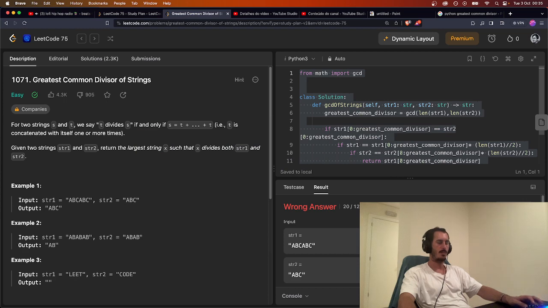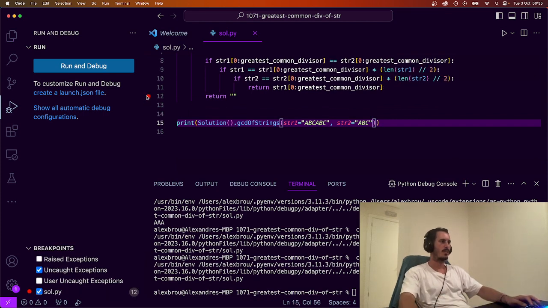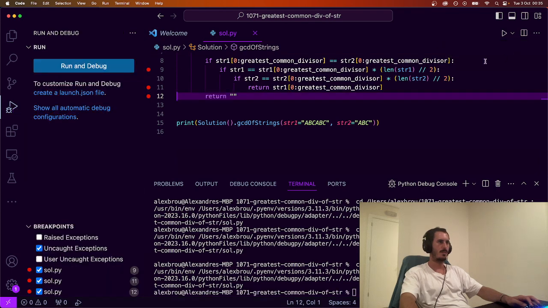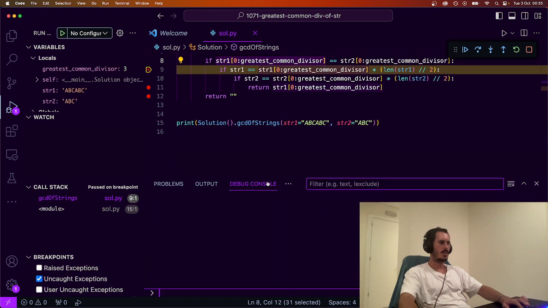String 2 is ABC. Run on debug, okay, ran into nothing. Let's see if ABC equals string 2.